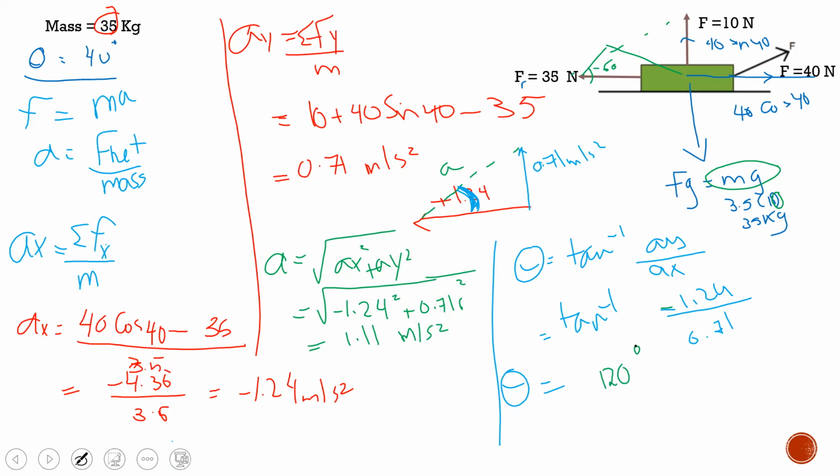Is it in the second quadrant? Yes. How do I know? I add 180 minus 60, it will be 120.